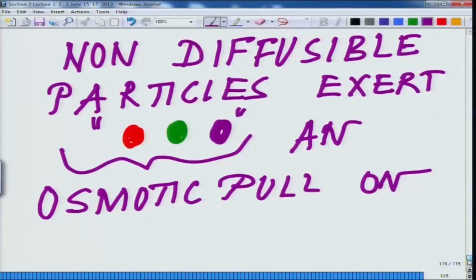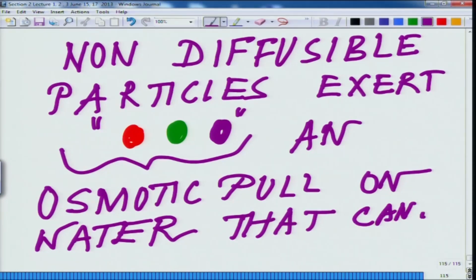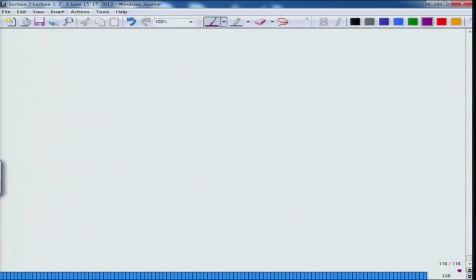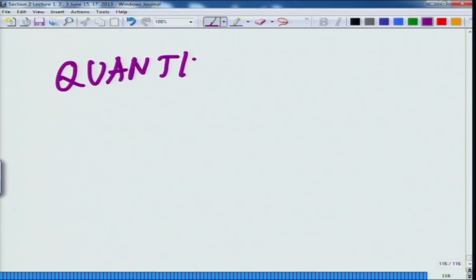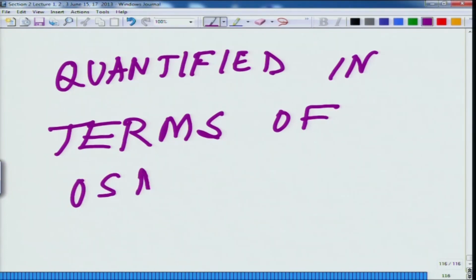Okay, yeah, osmotic pull on water that can be quantified in terms of osmotic pressure.